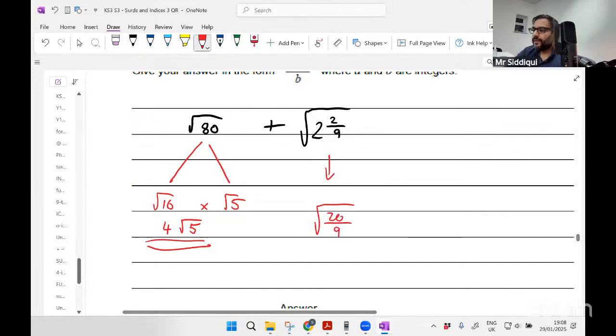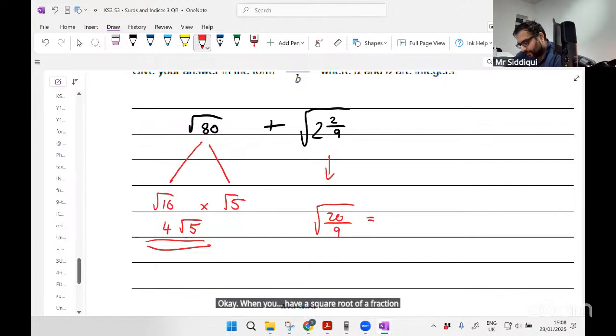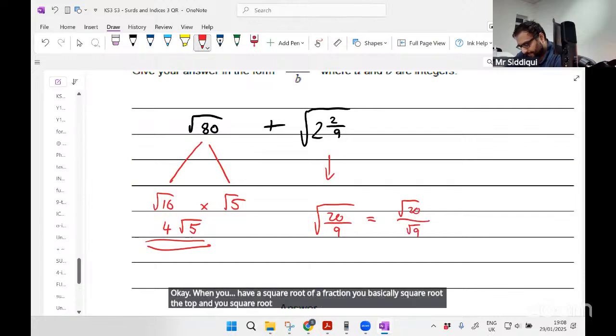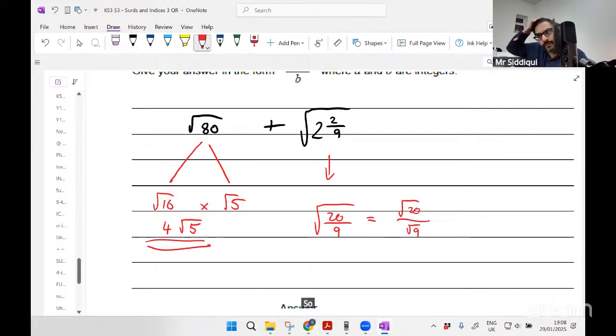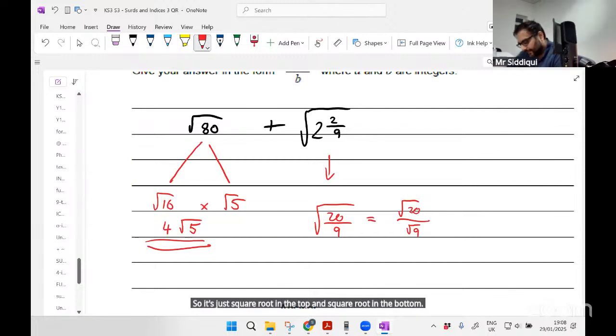When you have a square root of a fraction, you square root the top and you square root the bottom separately. Now, the easy bit here is the square root of 9, which is 3. So I've turned the square root of 9 into 3.